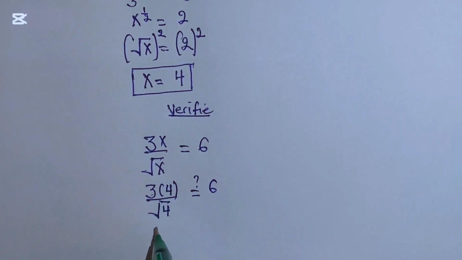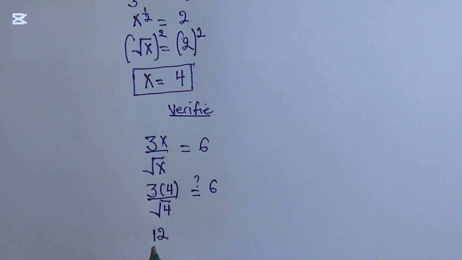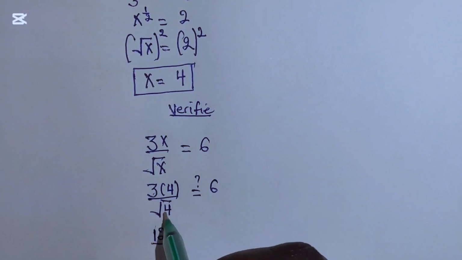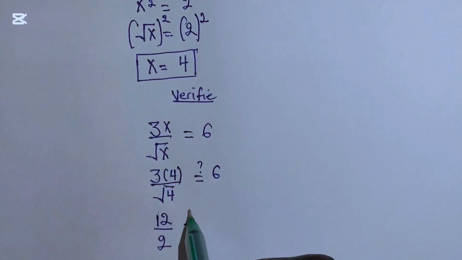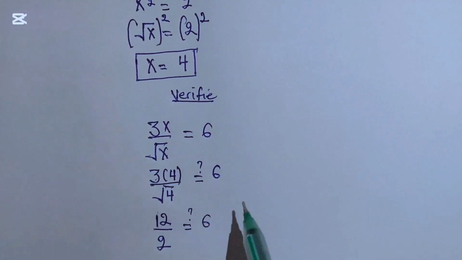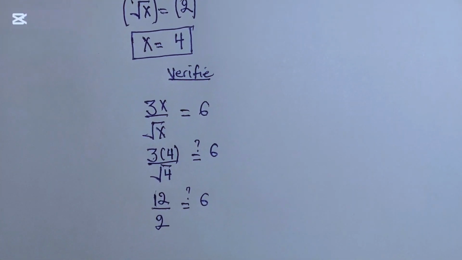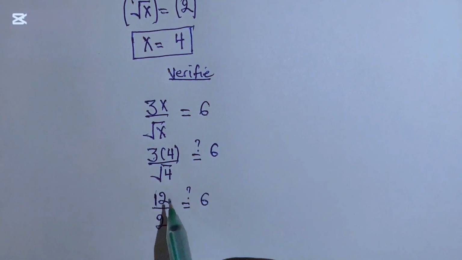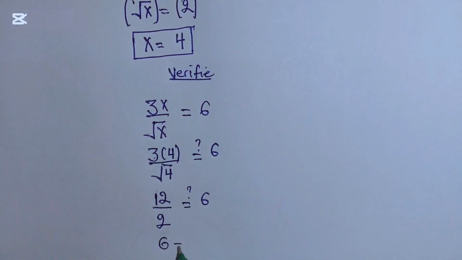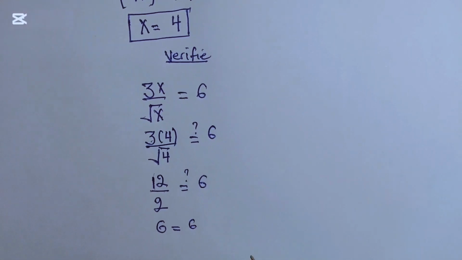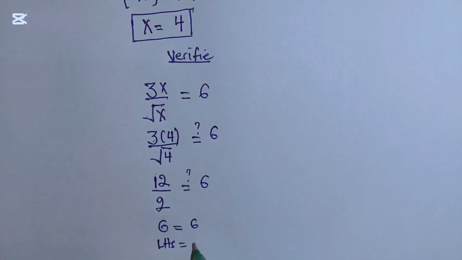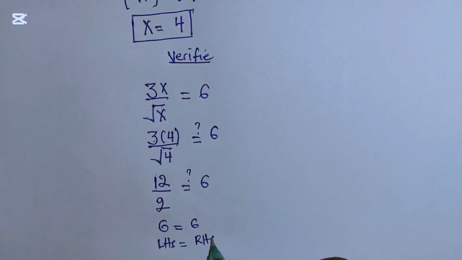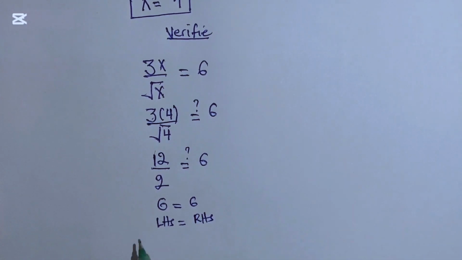Then 3 times 4 is equal to 12, over the square root of 4, which is 2, which equals question mark 6. So here we can say 6 is equal to 6. Then our left hand side is equal to our right hand side.